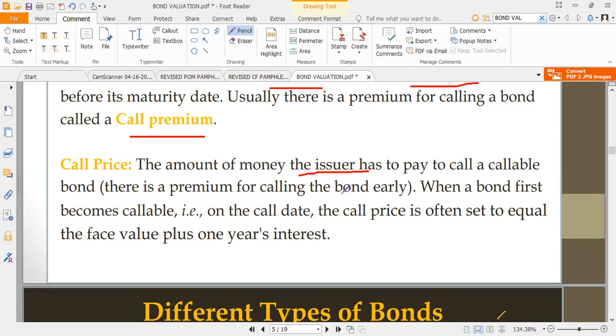But I decide to call it back to say, I have enough money. So there's a premium that is paid by the issuer of the bond. This is only applied to a callable bond. So when a bond first becomes callable, on the date, the call price is often set equal to the face value plus the year's interest.